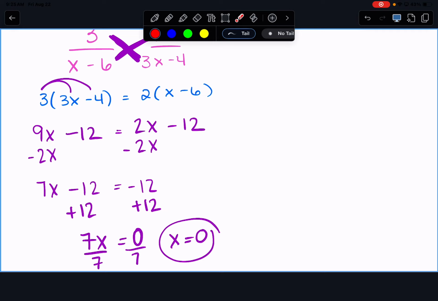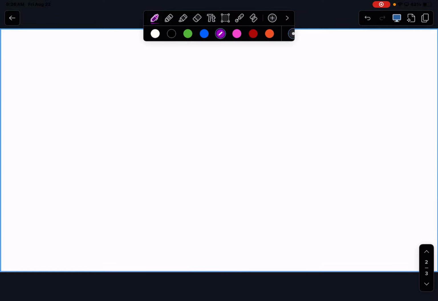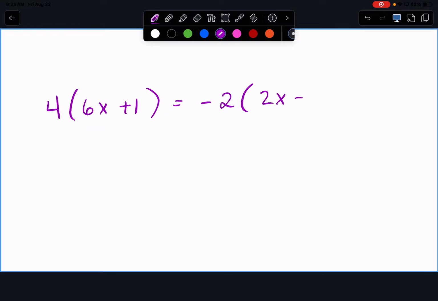Now, the problem from the maze that caused the most problems was the second question, which was 4 times 6x plus 1 is equal to negative 2 times 2x plus 5. So what do I do first here? Distribute.